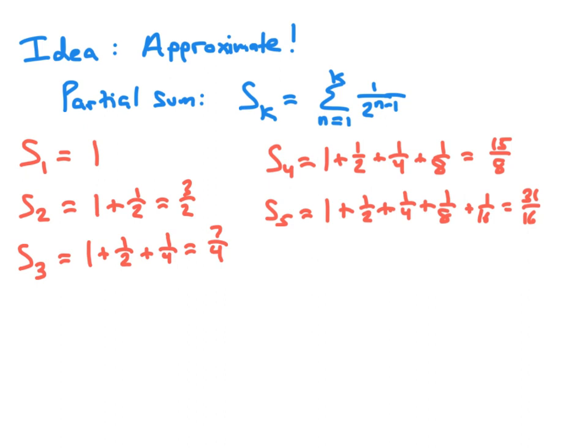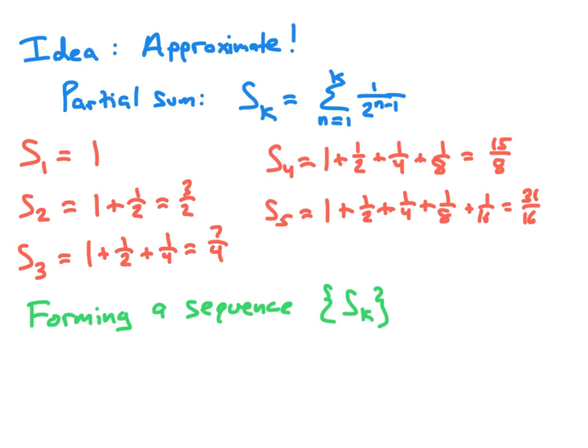Notice that what we're doing here is forming a sequence of partial sums. So we have a sequence that we formed related to this series, but the terms of our sequence are not the terms of our series, but rather the partial sums of our series. So this particular sequence starts, we have the first five terms written here on the screen.